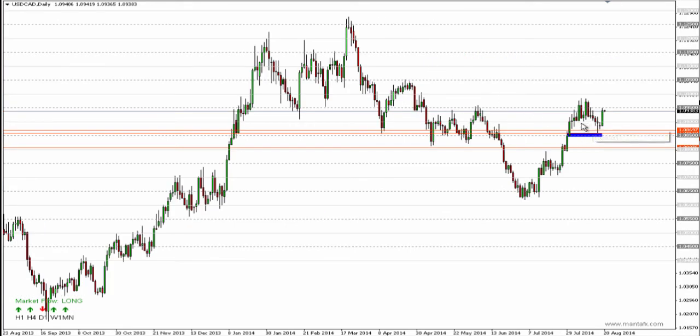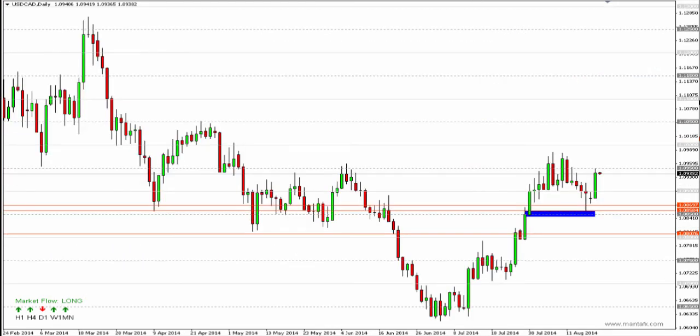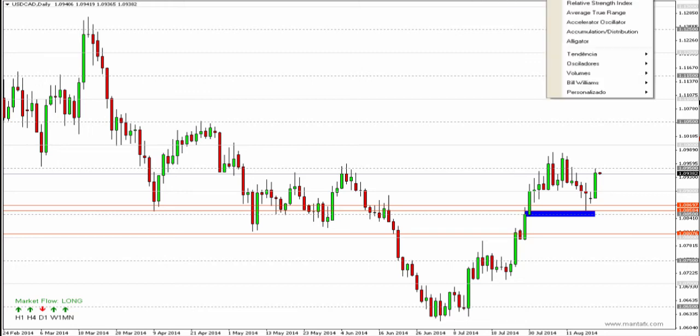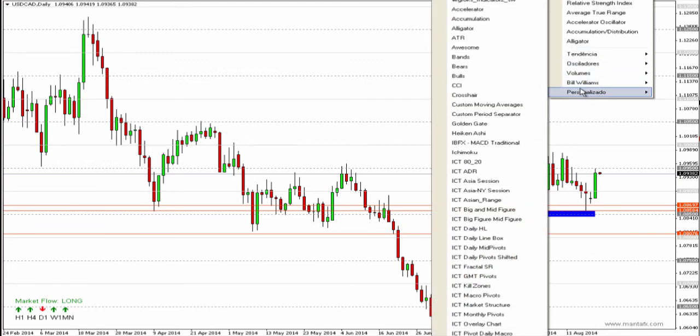Even on the daily chart, it wasn't very clear. It was very clear, but it changed to down. So it wasn't quite convincing to me to just jump in.